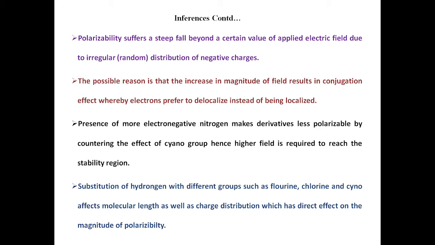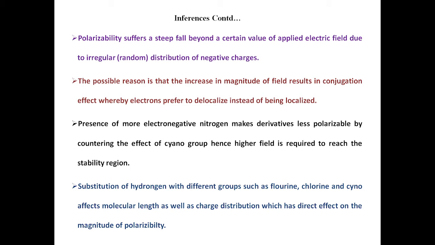Polarizability suffers a steep fall beyond a certain value of applied electric field due to irregular distribution of electrons. The possible reason is that the increase in magnitude of field results in a conjugation effect whereby electrons prefer to delocalize instead of localize.